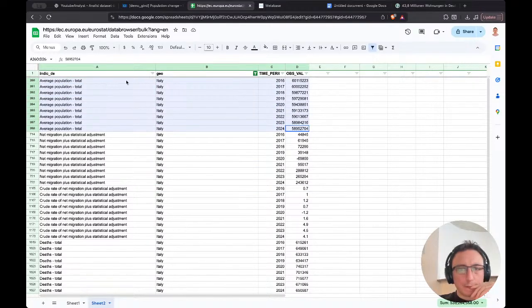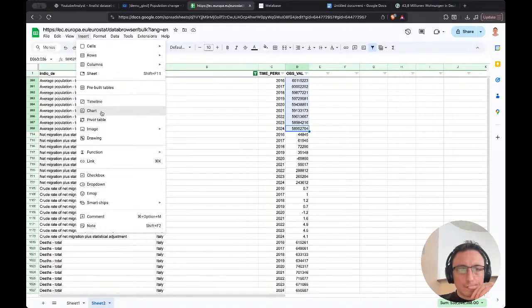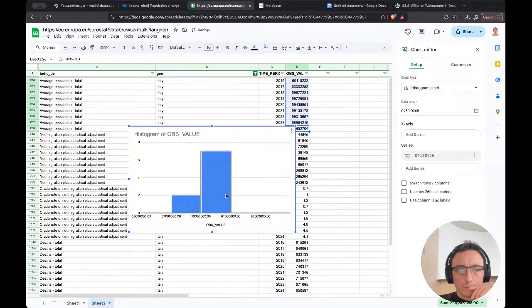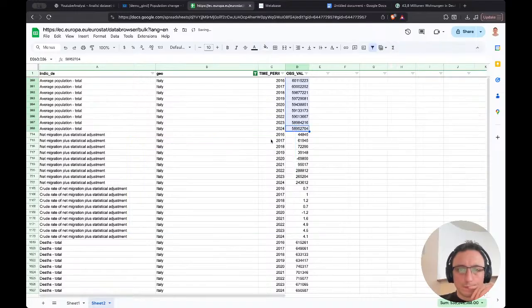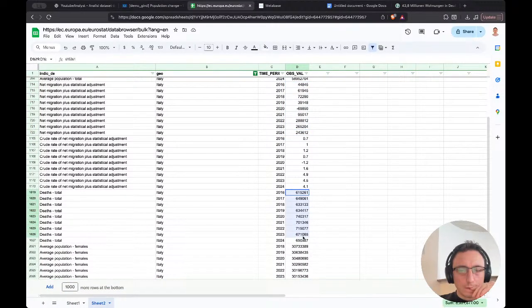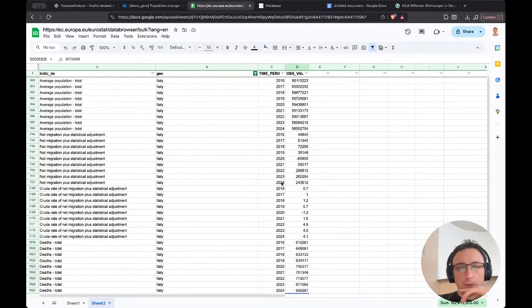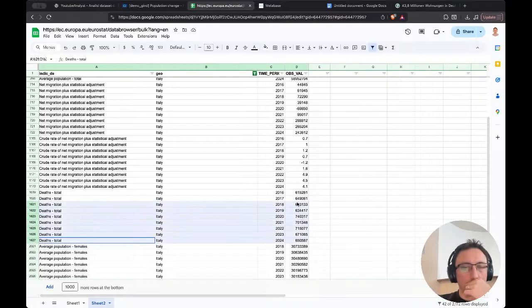Average population, net migration, average population female. So the difference between total and female gives the male.